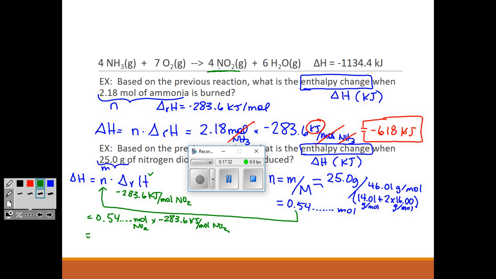And then I'm going to finally calculate my answer. When you multiply those two numbers together, you should get negative 154 kilojoules, which is my rounded answer. I used 3 digits because my measured value of 25.0 grams also had 3 digits.